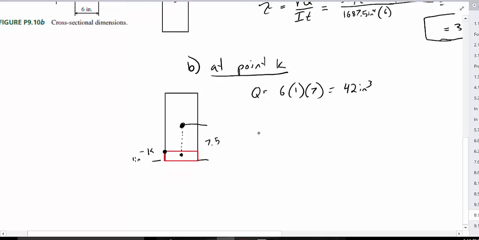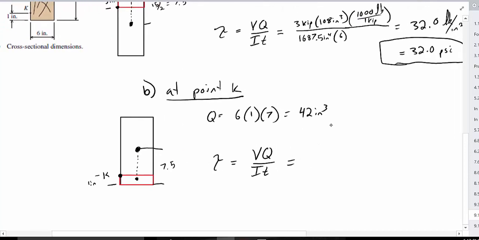So we'll say 7. So Q for this one is going to be 42 inches cubed. So our shear stress is going to equal V Q over IT. Same shear, right, as before in the last problem.